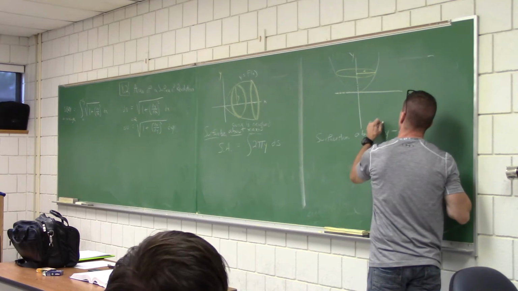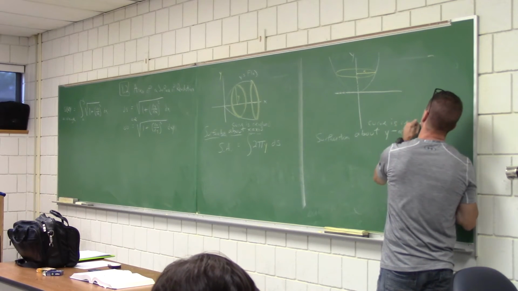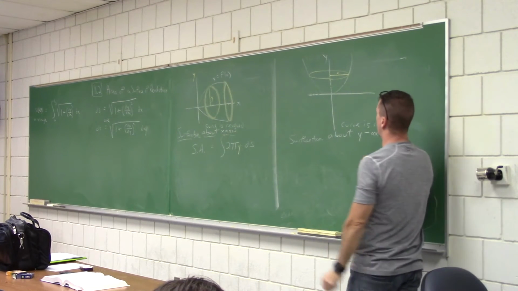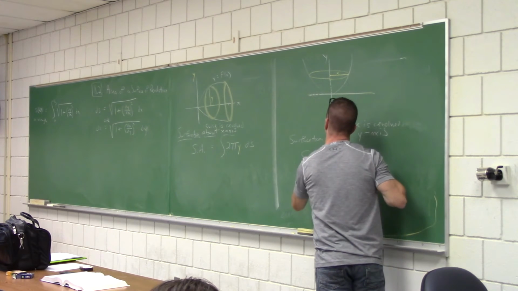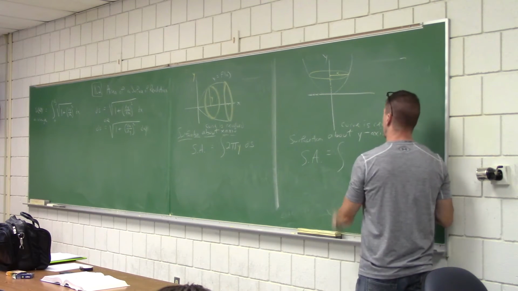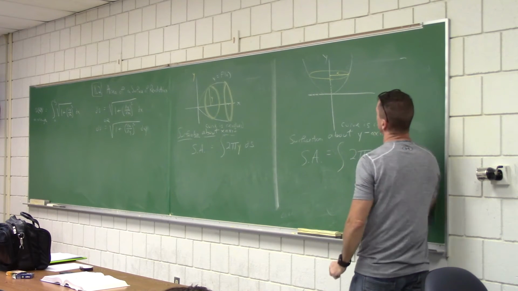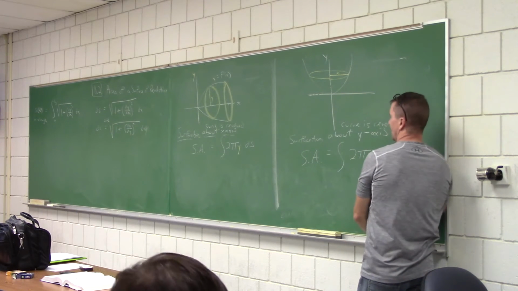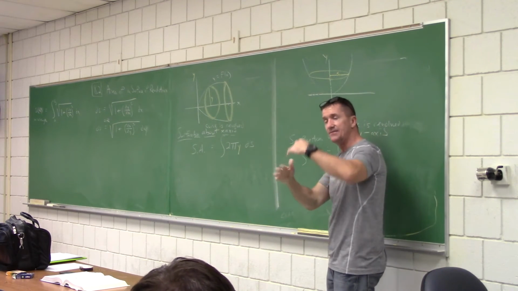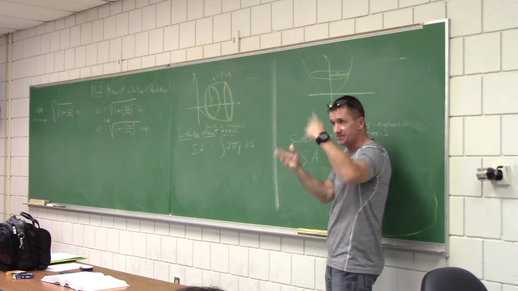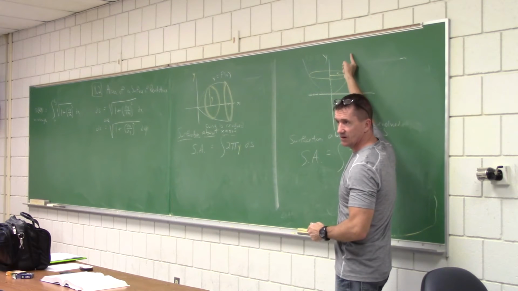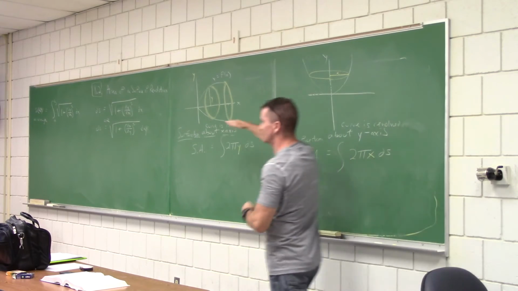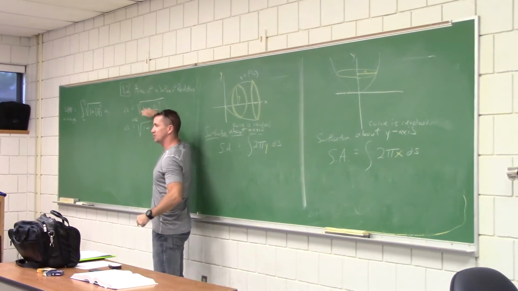If the curve is revolved about the y-axis, SA surface area, or just capital S, would equal 2 pi times the radius x. 2 pi r, and then I'm like, not just one of these, I need an infinite amount of these, a limit as that approaches infinity of these, and I'm thinking along that arc length right there, ds. Just keep in mind that ds is really this, right? But your choice, which one you want to use.